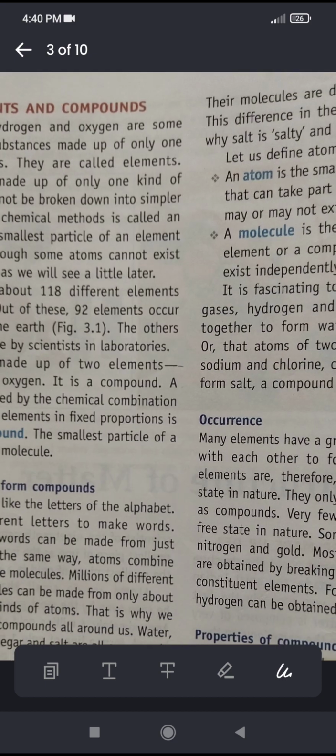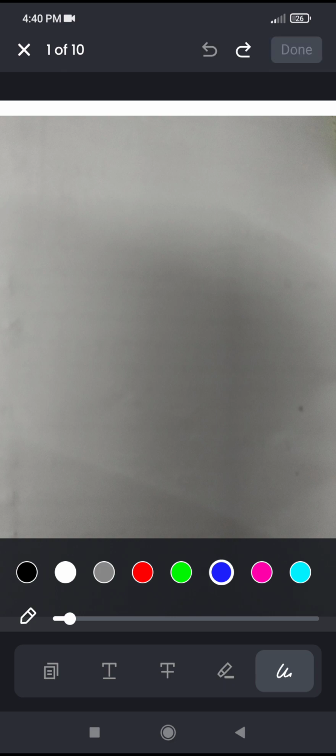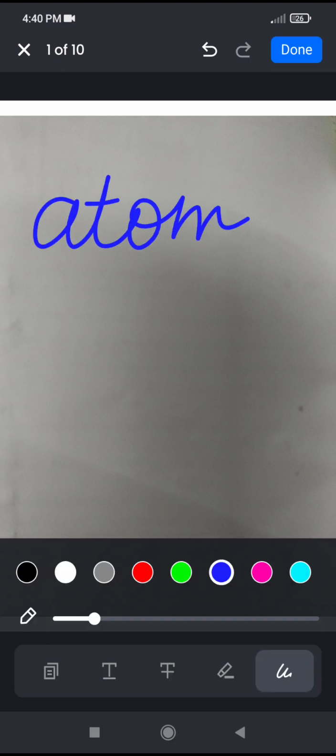So they are telling us that an atom is the smallest particle.